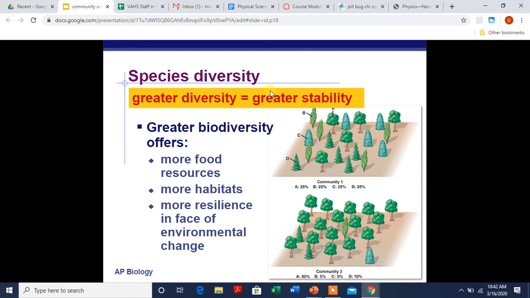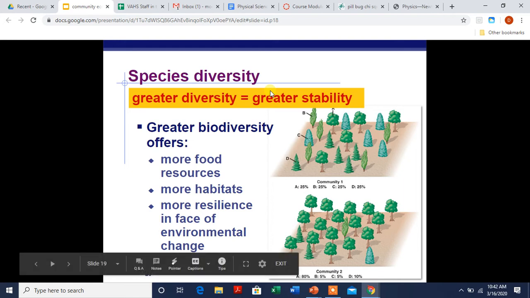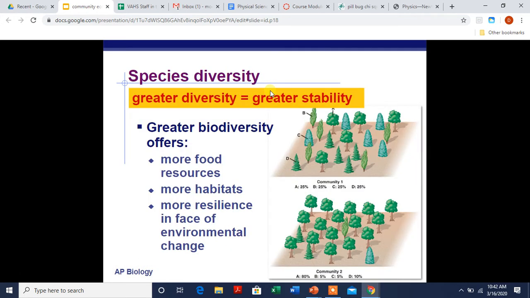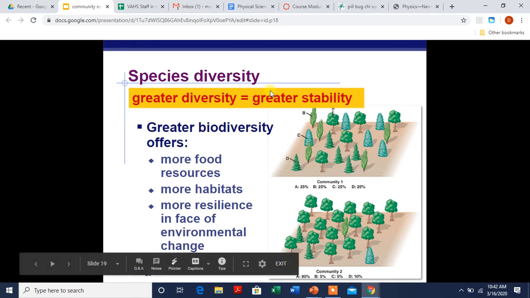Look, each of the 4 species makes up exactly 25%. On the other hand, community number 2 on the bottom would have a low species evenness score because species A, sorry, makes up 80% of the individuals in that community.